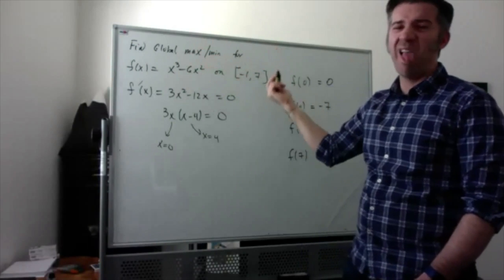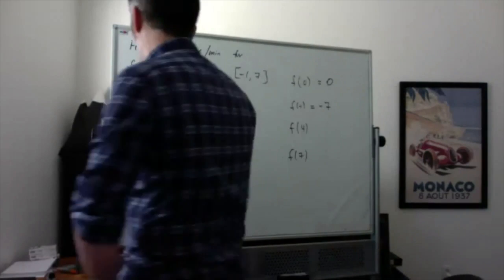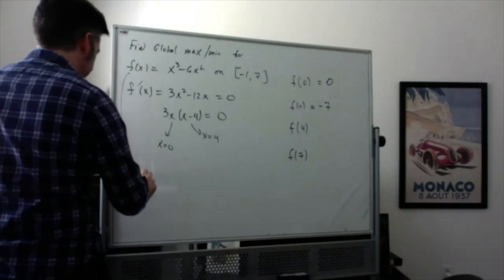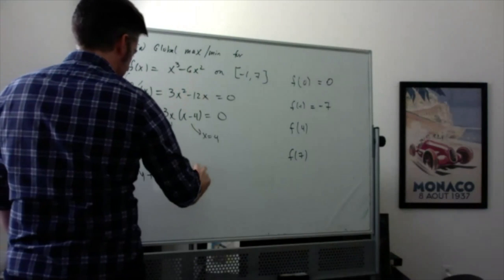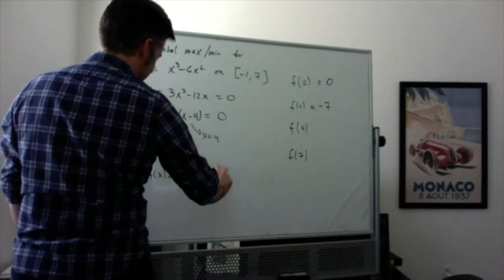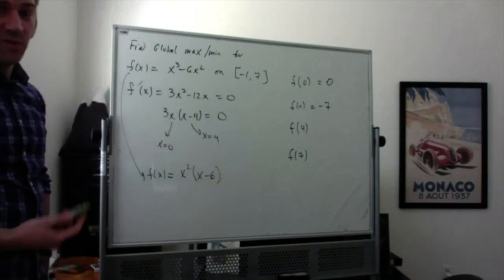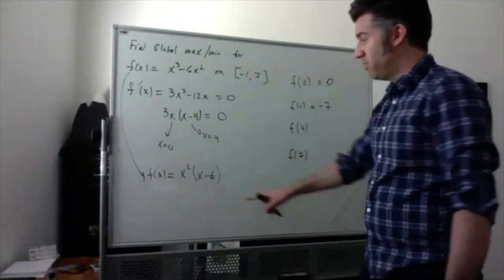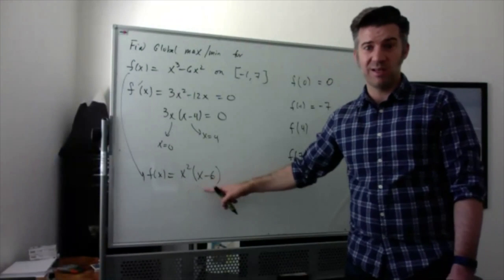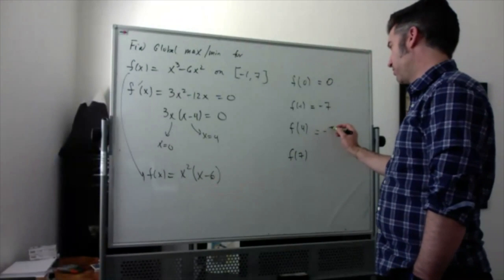64 squared, it's easier if we factor, right? If you factor out the x squared from this f of x, and write it as x squared times x minus 6, it's generally way easier to plug stuff into that. 4 squared is 16. 4 minus 6 is negative 2. 16 times negative 2 is negative 32.